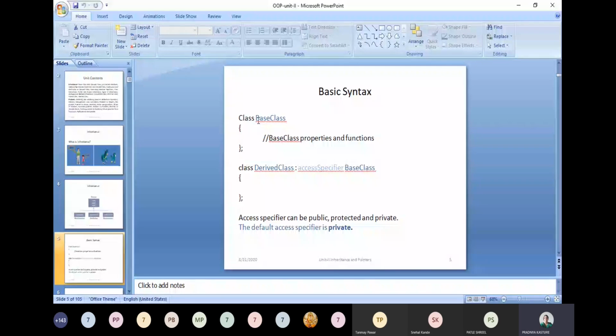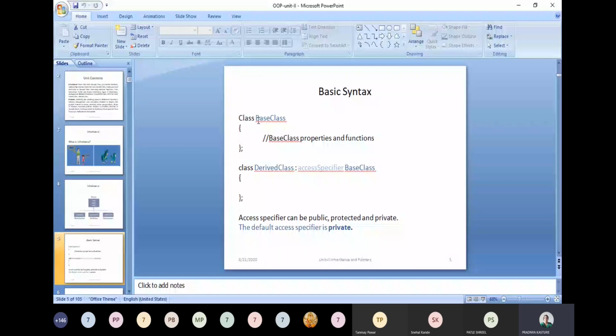Whenever you write a derived class, you give an access specifier and the name of the base class, which represents its inheritance. Derived class, colon, then the access specifier, which can be private, protected, or public. Out of those three, you choose one access specifier and the name of the base class.